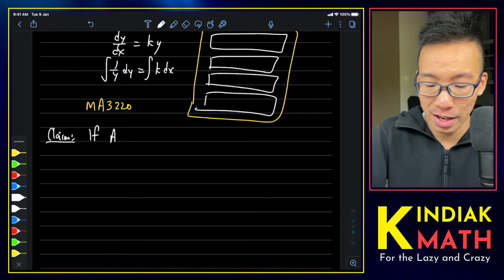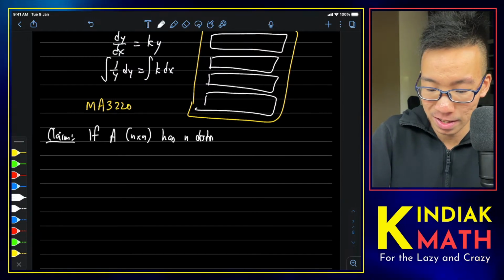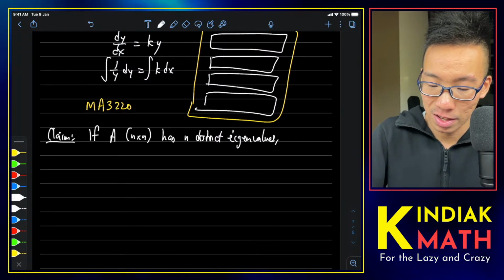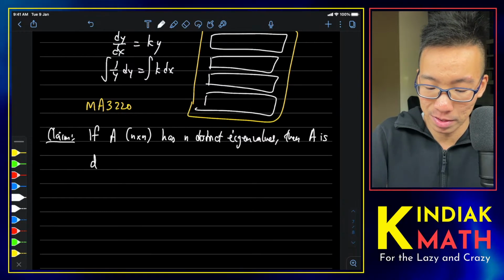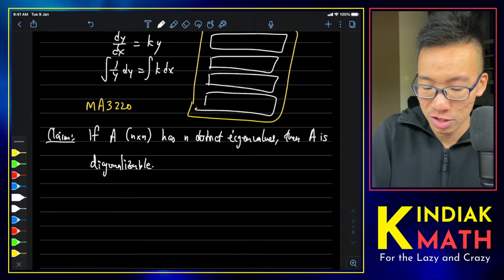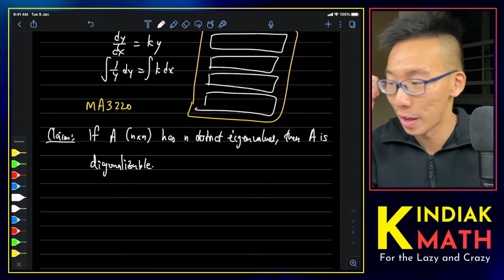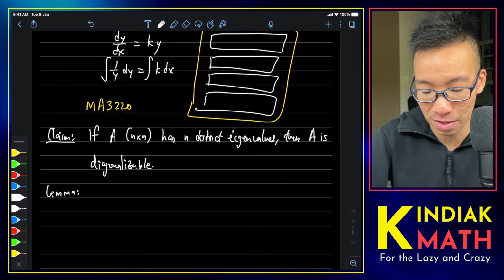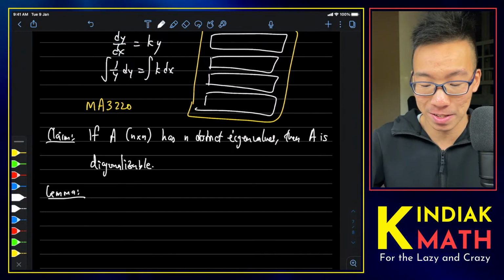If A, of course an n by n matrix, has n distinct eigenvalues, then A is diagonalizable. Check it out. It's a really cool result. You might need to prove a smaller result, which I can do if you want, but I'll probably leave it as an exercise.